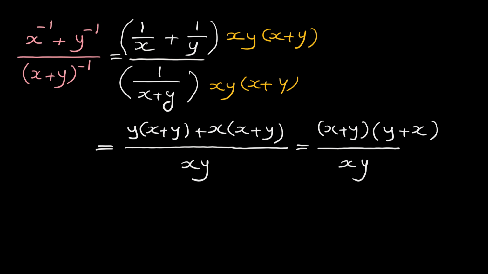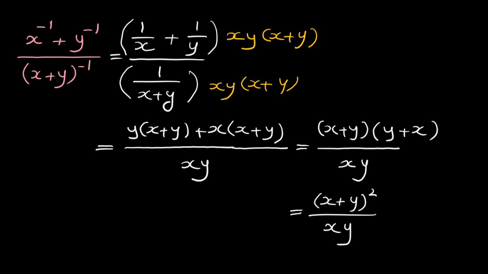But what is (x + y) times (y + x)? Attention, x plus y is the same as y plus x. So these two brackets are basically the same. So (x + y) times (y + x) can be written as (x + y) to the power of 2. And this is the final answer for this question.